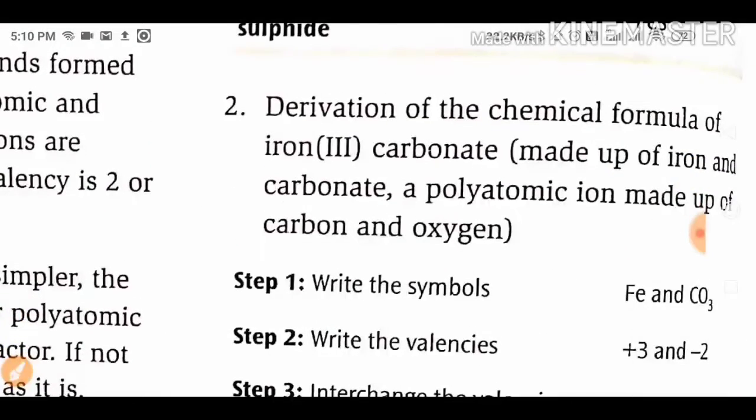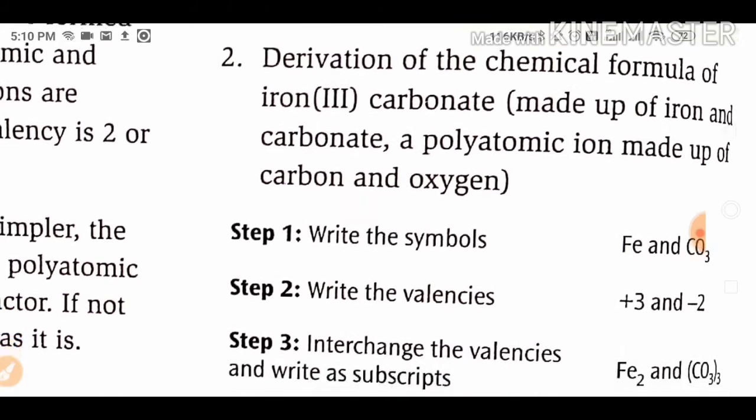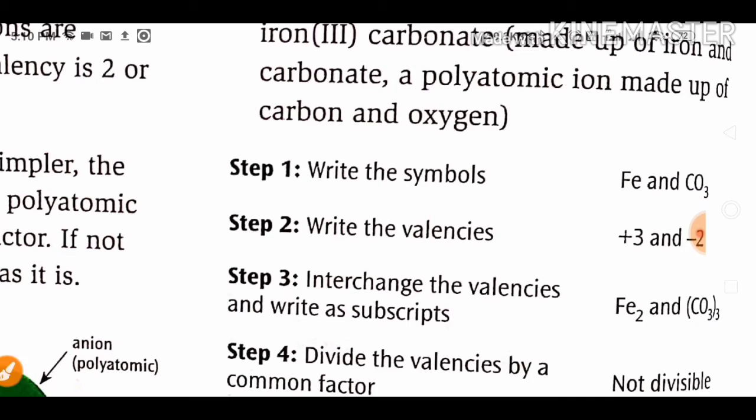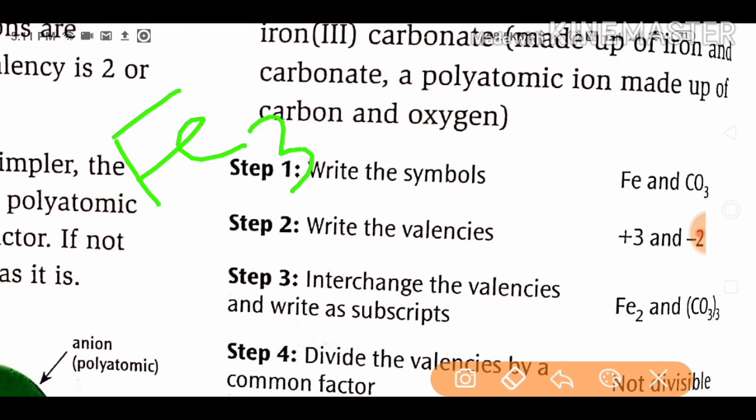Now derivation of the chemical formula of iron carbonate, made up of iron and carbonate, a polyatomic ion made up of carbon and oxygen. If you understand this, you can make the chemical formula of any compound. Look here, you have to first write the symbols. Fe and CO3, you write. Then write their valencies. Fe valency is 3 and CO3 valency is minus 2.